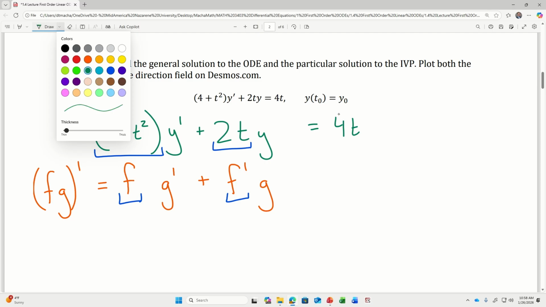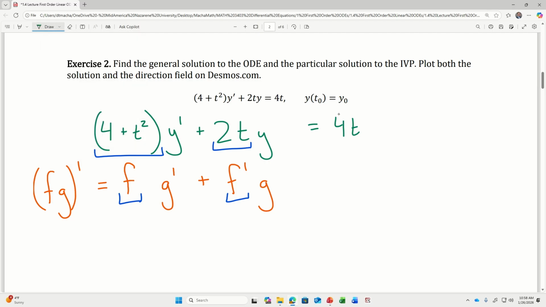So we can rewrite the left-hand side of this ODE as 4 plus t squared times y, and then we're taking the derivative of the entire thing, the entire left-hand side of the equation. And the right-hand side of the equation is still 4t.